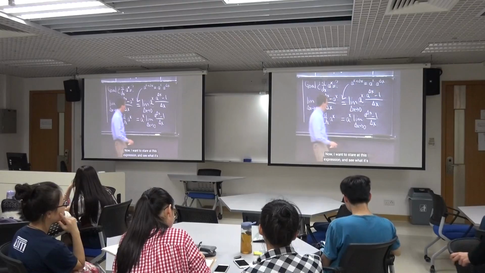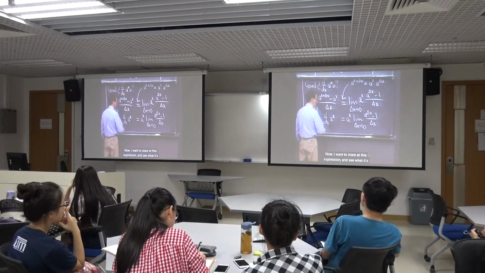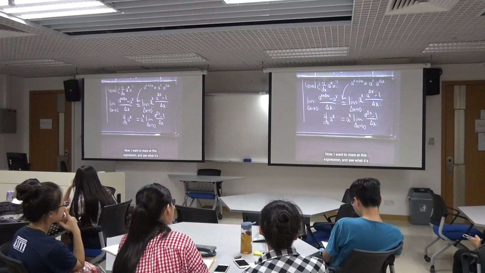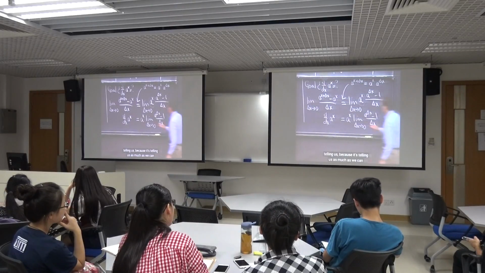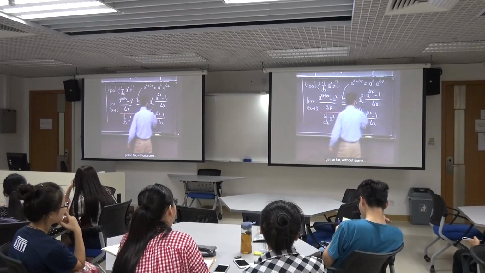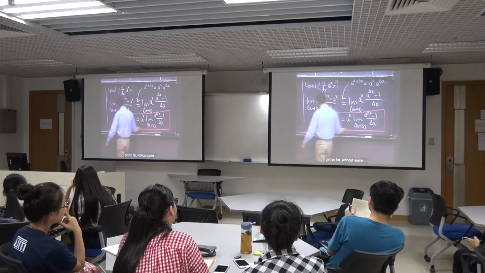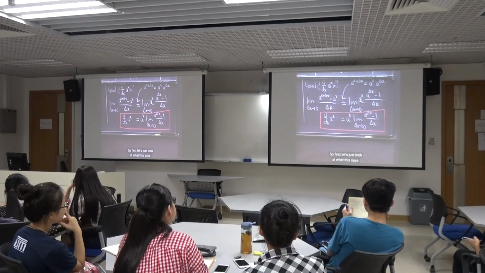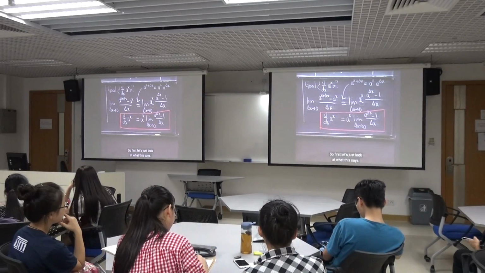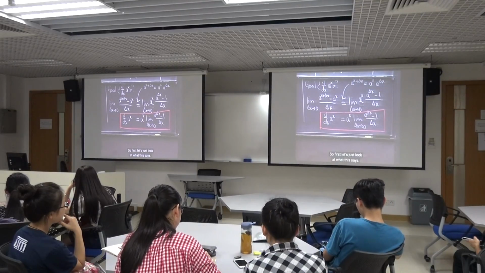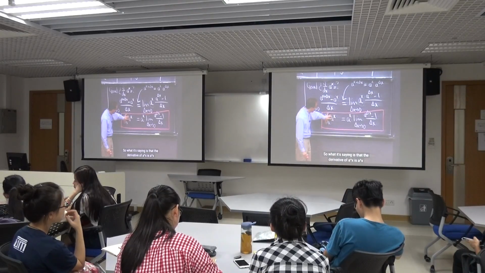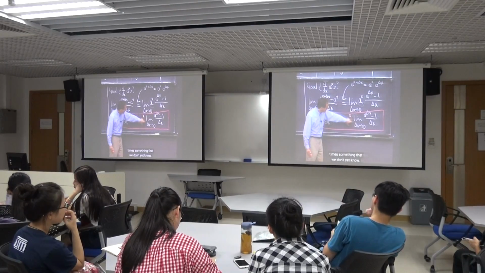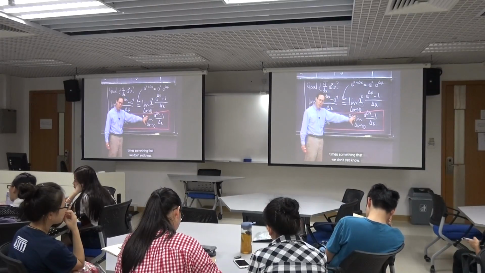Now, I want to stare at this expression and see what it's telling us, because it's telling us as much as we can get so far. So first let's just look at what this says. What it's saying is that the derivative of a to the x is a to the x times something that we don't yet know.